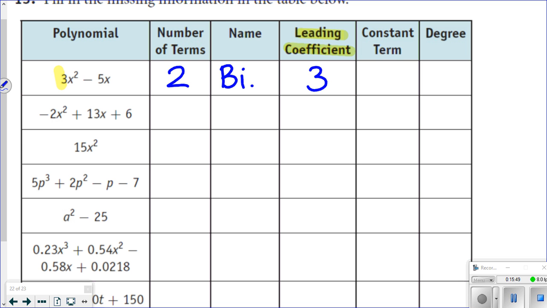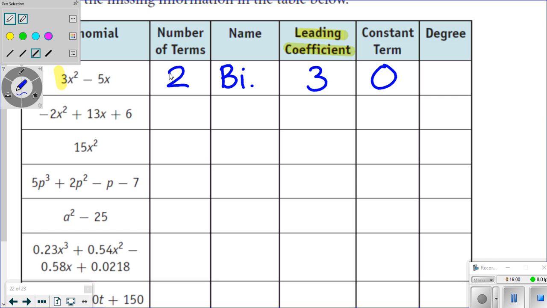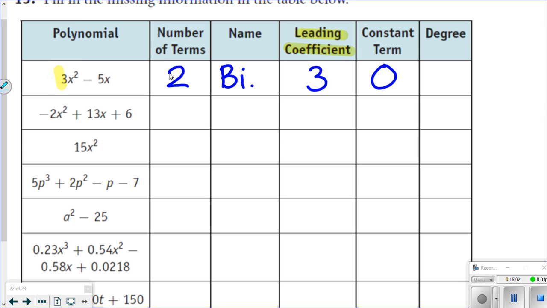My constant term is the number by itself. I don't have one, so you could write not applicable, or you could just write 0. And the degree of the polynomial is the largest degree, the largest exponent, and so in this case that would be 2. So I want you to pause the video and try to fill in all of these.